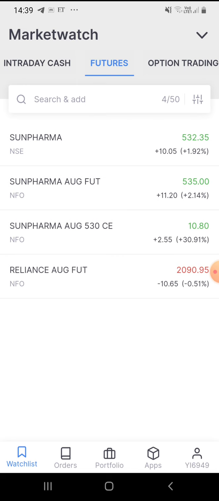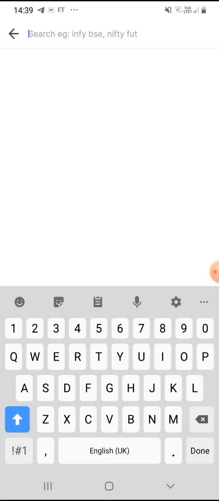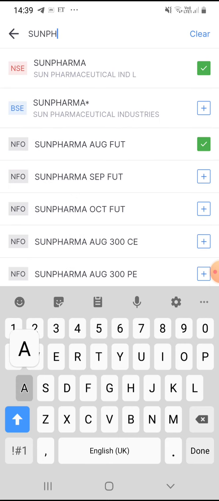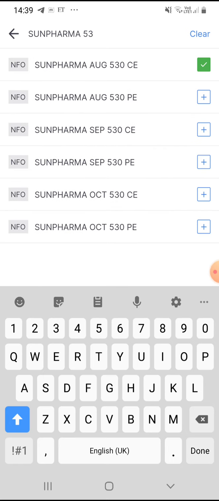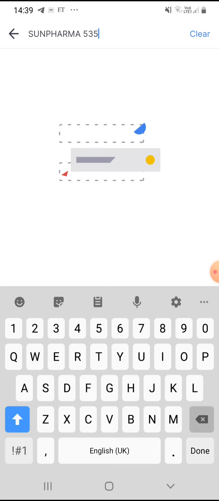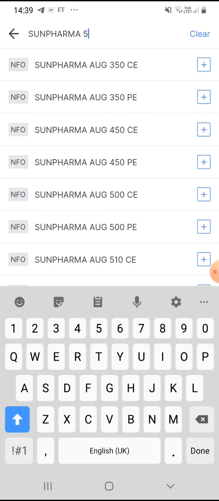So which one will we select, CE or PE? CE, right? So just give it like this: Sun Pharma, first two digits 53. Here you can see 53. If you give 535, nothing we will get. 530, yes, you will get. You can see that there will be a difference; this is known as strikes.